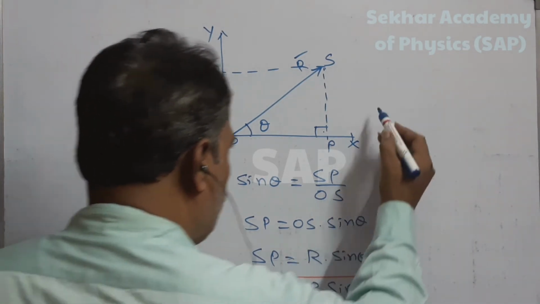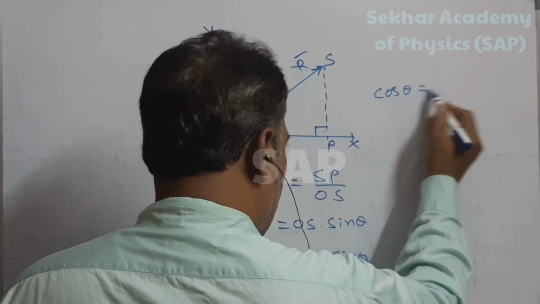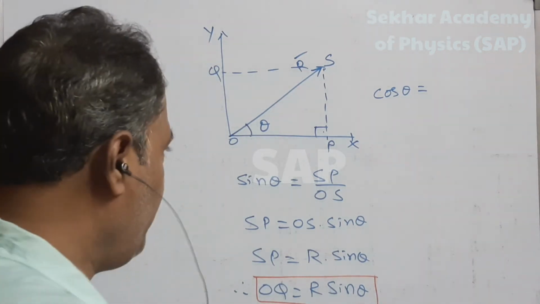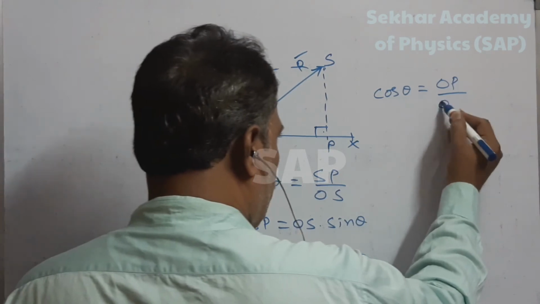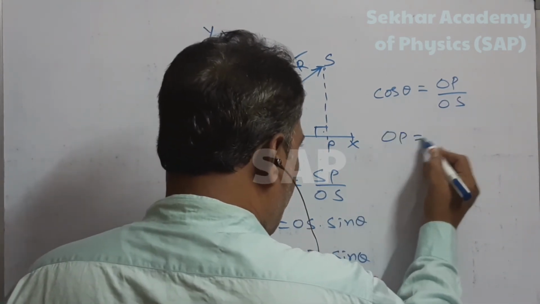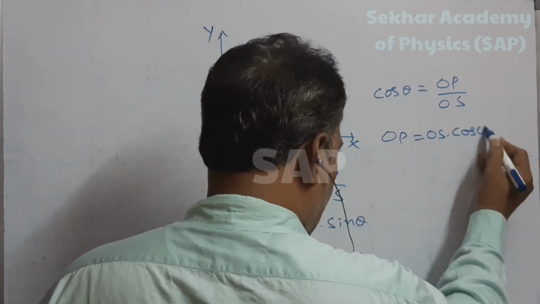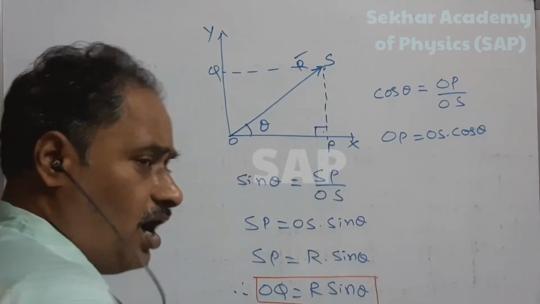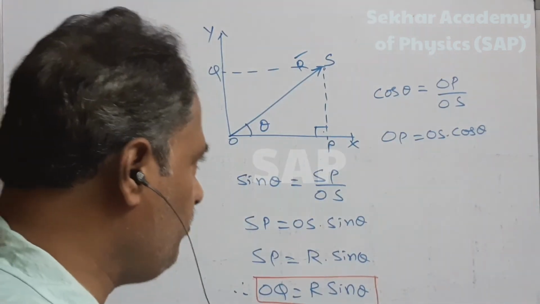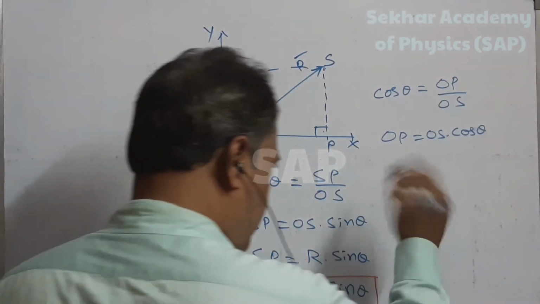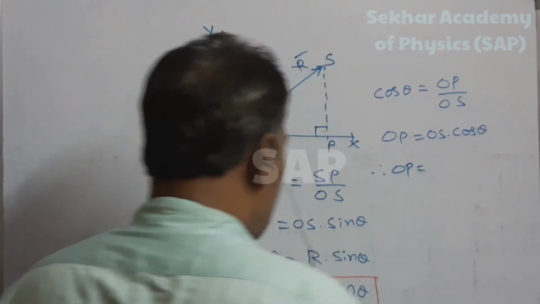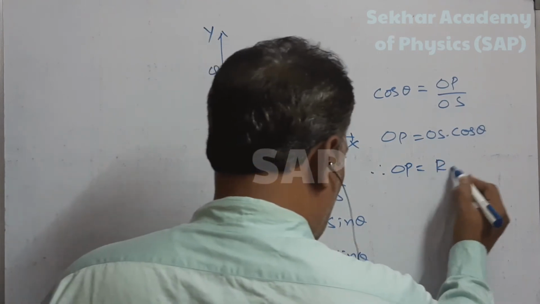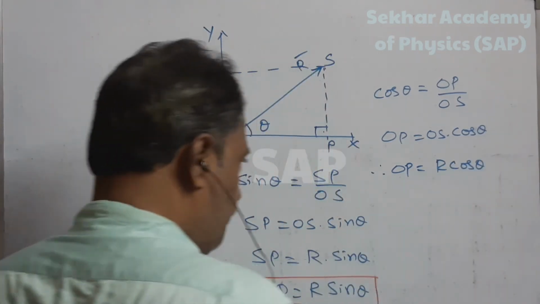Similarly, if I take cos theta, that is equal to adjacent OP by hypotenuse OS, OP equals OS cos theta, with vector R bar magnitude R as we discussed earlier. Therefore, OP is equal to R cos theta.